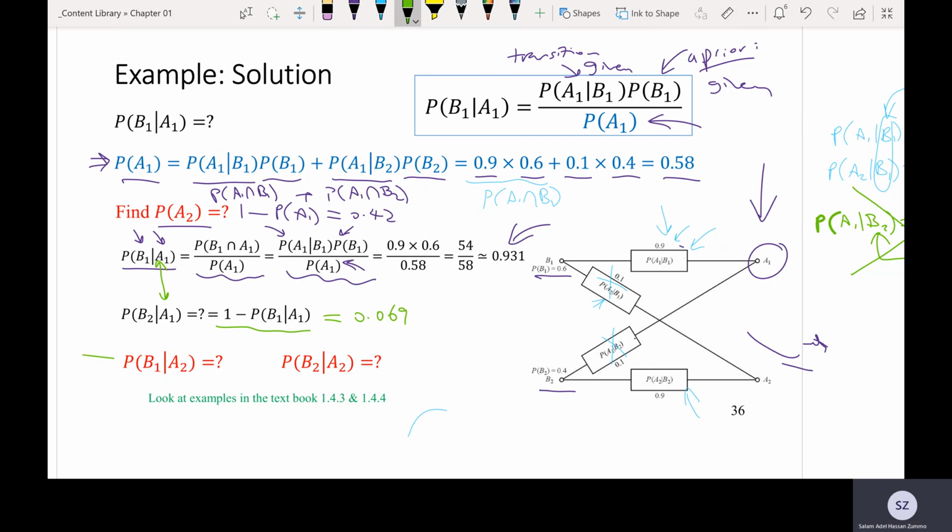So find for me very quickly the probability of B1 given A2. Try to find. So given that I received A2, what was the probability that I sent B1? معناها error.